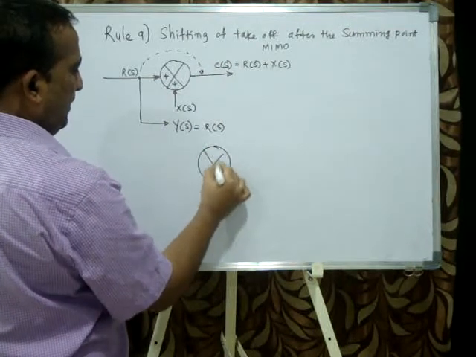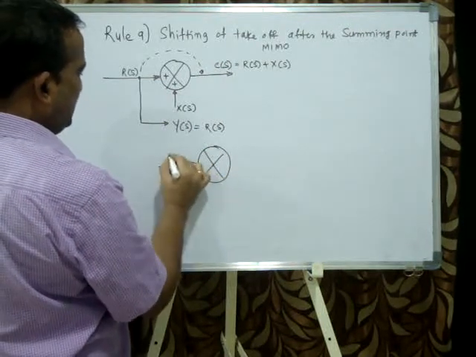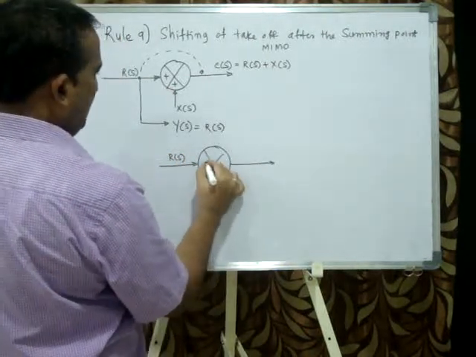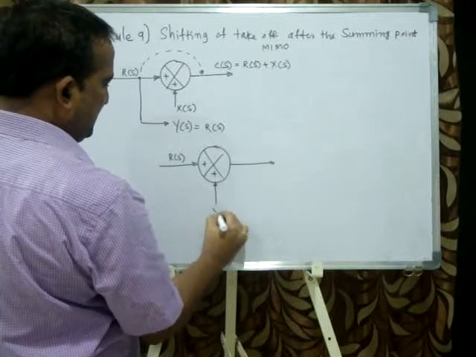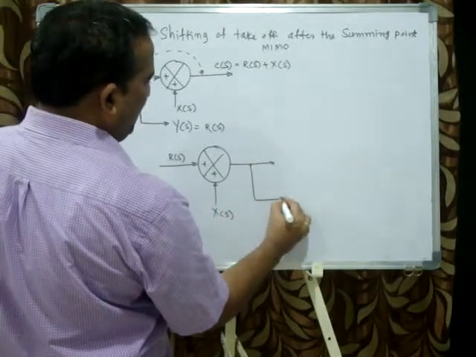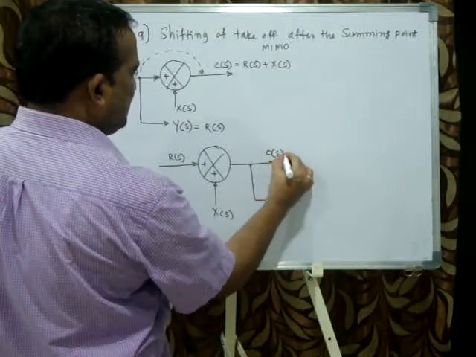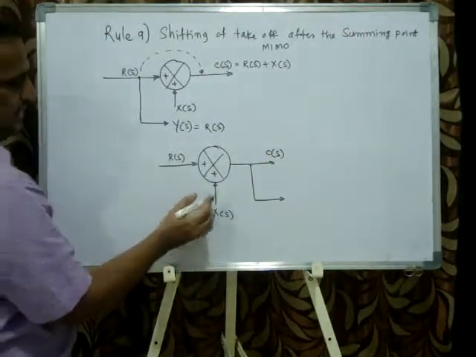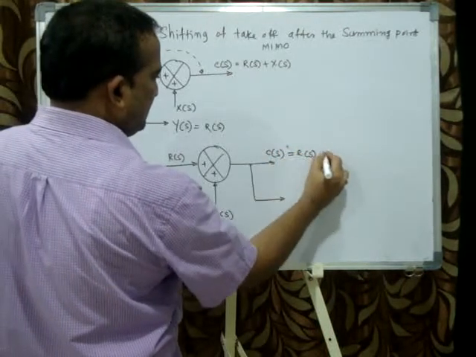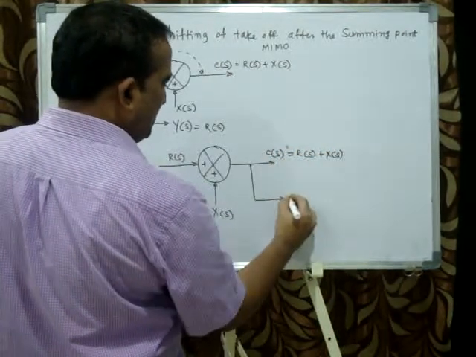Now here this is the R of S, here plus X of S. Now my take off point shifting after the summing point, C of S, R of S plus X of S, and here also same value.